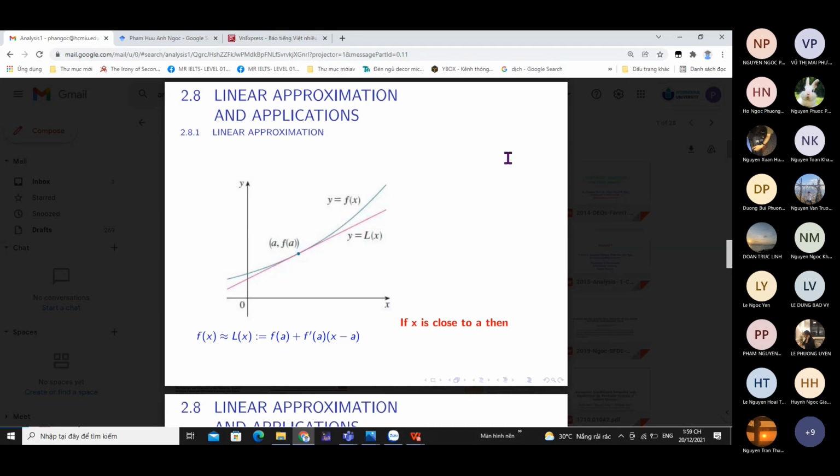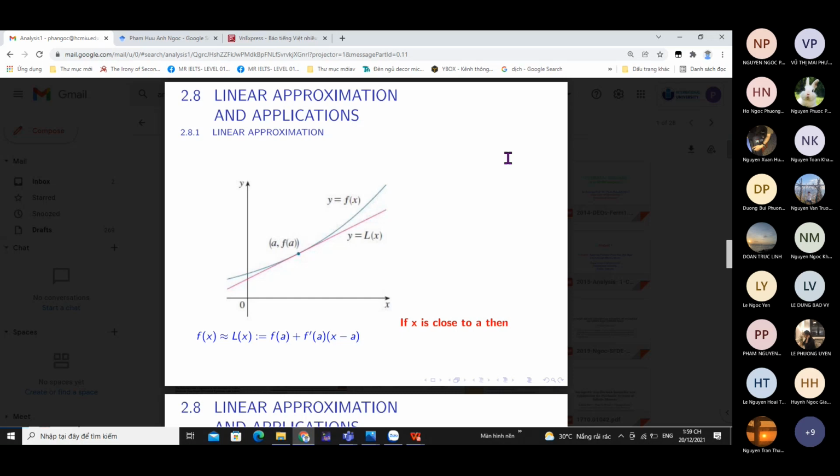And suppose that at this point you have got the tangent line to the graph of f. You see? And now when x is close to a, the graph of the function y equals f of x and the tangent line look like the same.